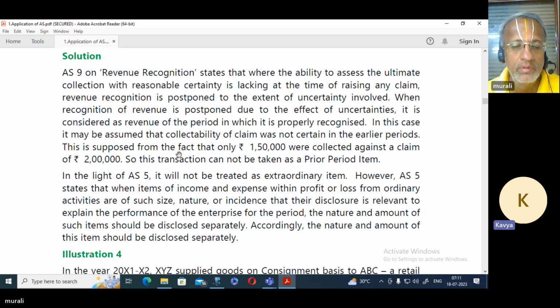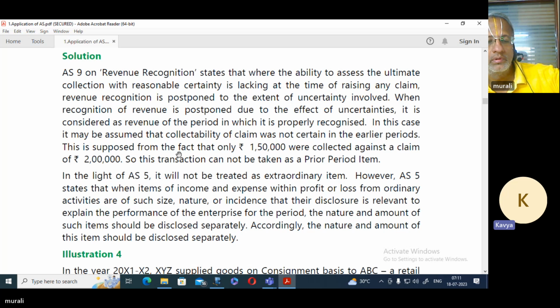In this case, it may be assumed that collectability of claim was not certain in the earlier periods. This is supposed from the fact that only rupee 1.5 lakhs were collected against a claim of rupee 2 lakhs, so this transaction cannot be taken as a prior period item. In the light of AS5, it will not be treated as extraordinary item.